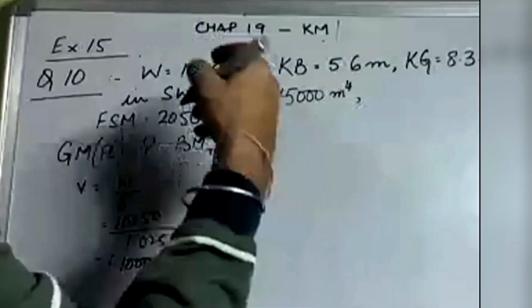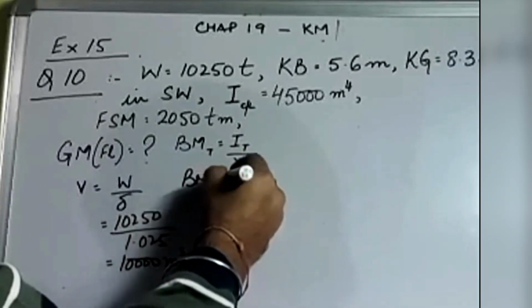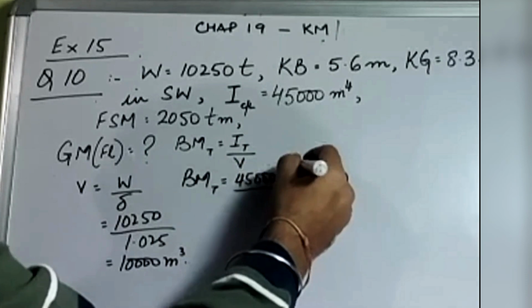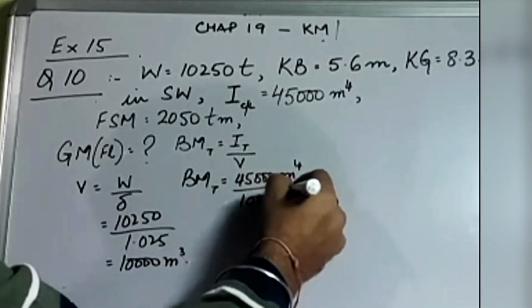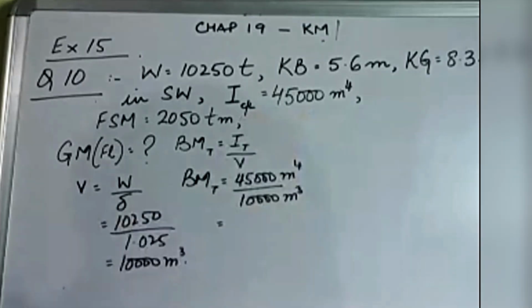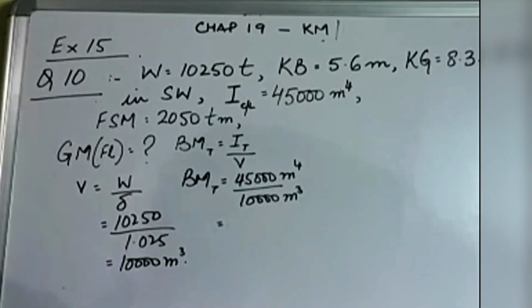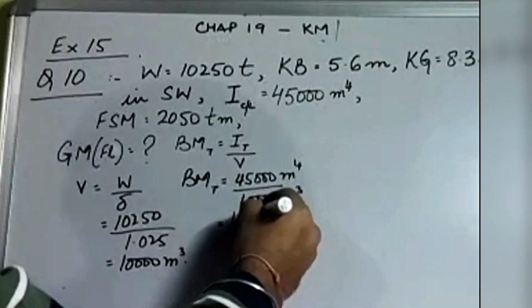Okay, I is given to me already. So calculate BMT. 45,000 M4 divided by 10,000 cubes. How much? 4.5.